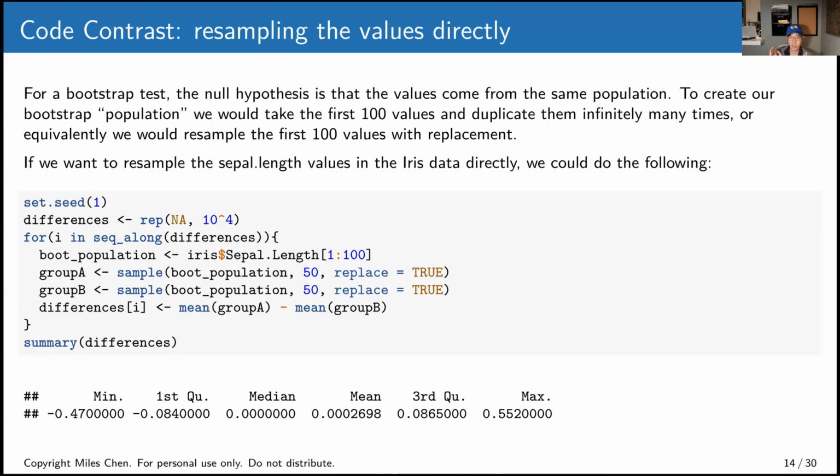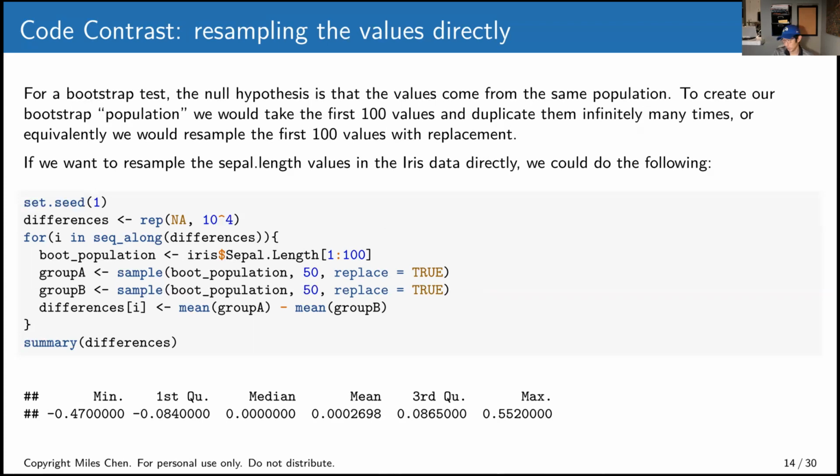If the null hypothesis were true, the values for setosa and the values for versicolor have the same mean, or effectively they're coming from the same population. That's what the null hypothesis is stating: that they're basically in the same population, and any difference we're observing is just a result of random chance.